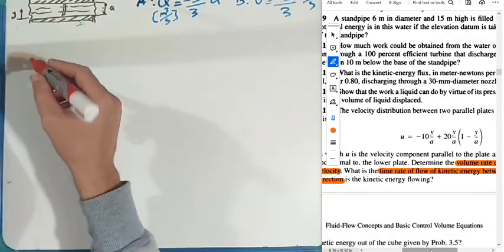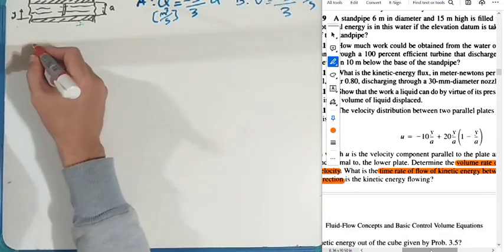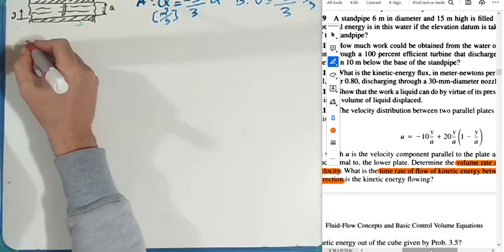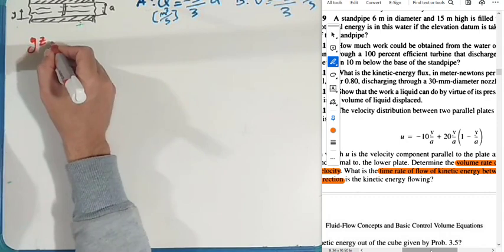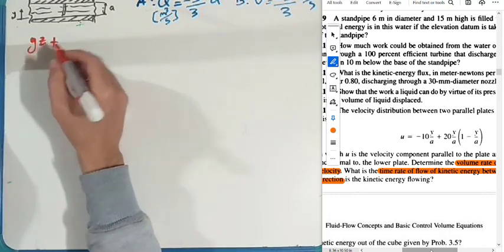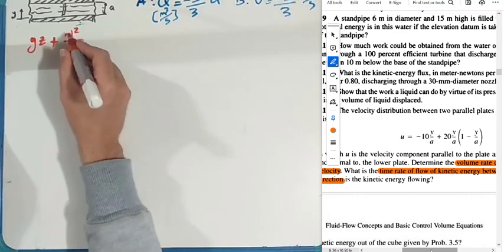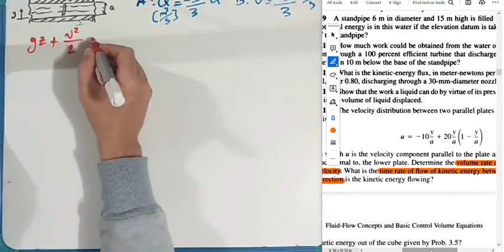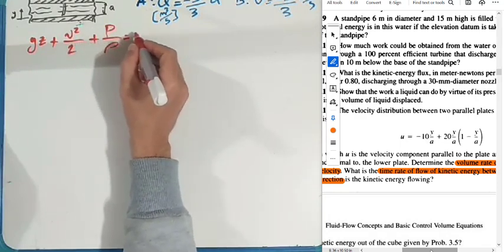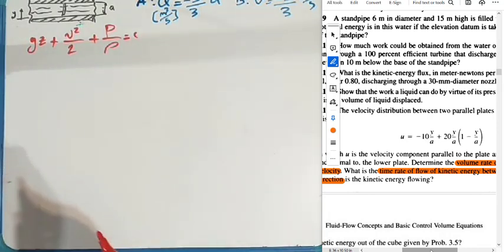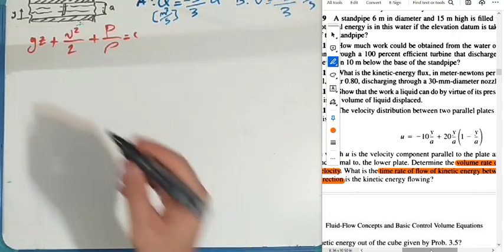So I know from the Bernoulli equation, or from the energy equation, it has two names, Bernoulli or energy equation: g z plus v squared over 2 plus pressure over density equals a constant. This is our formula, the energy equation. And which one is the kinetic energy term?